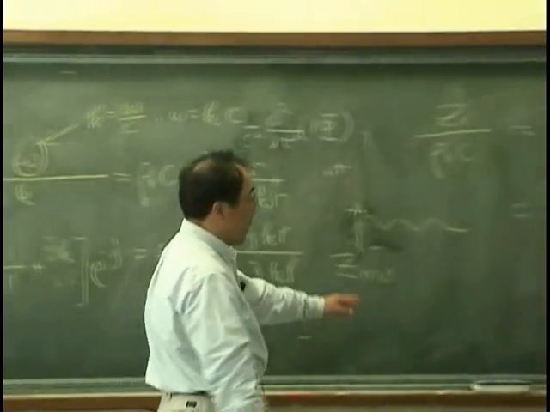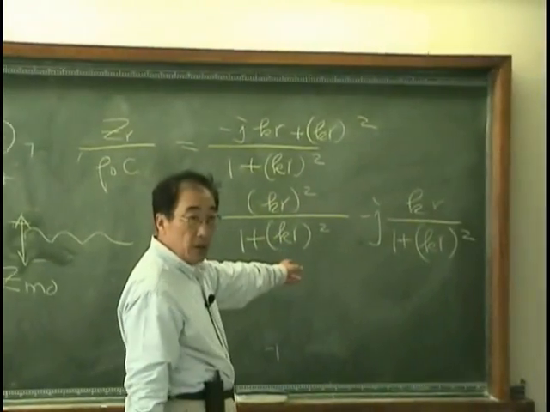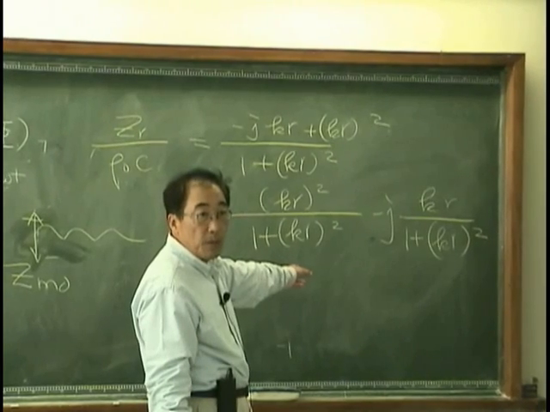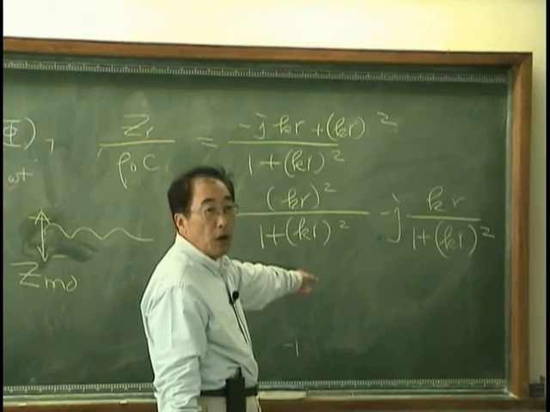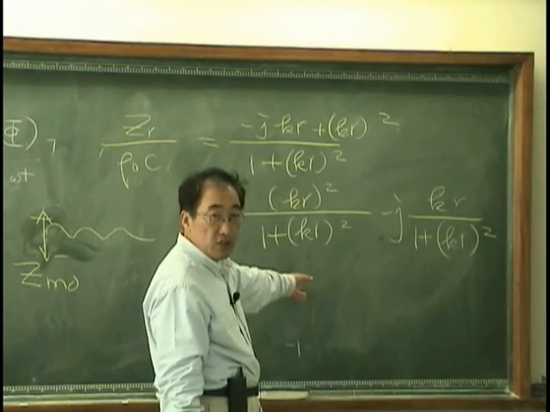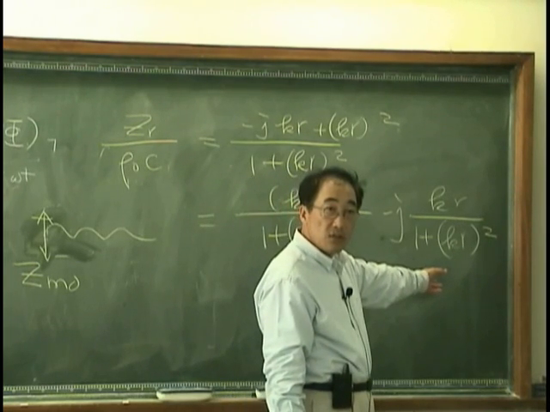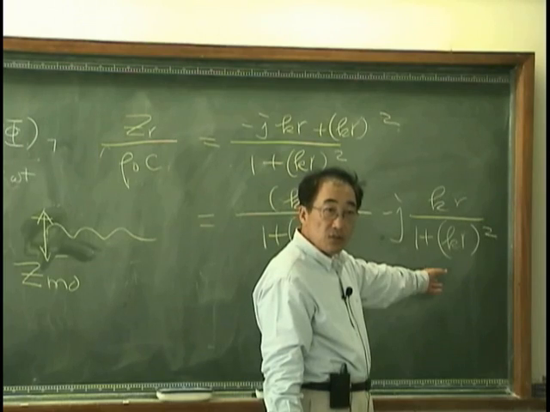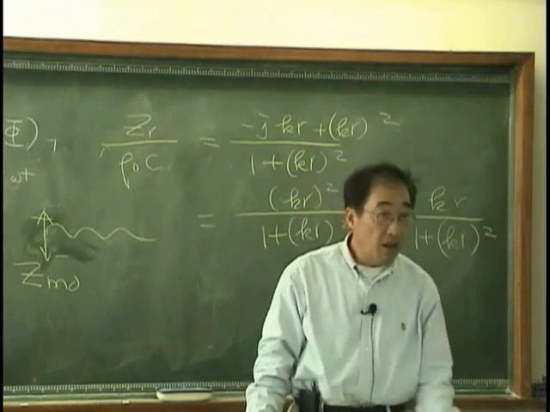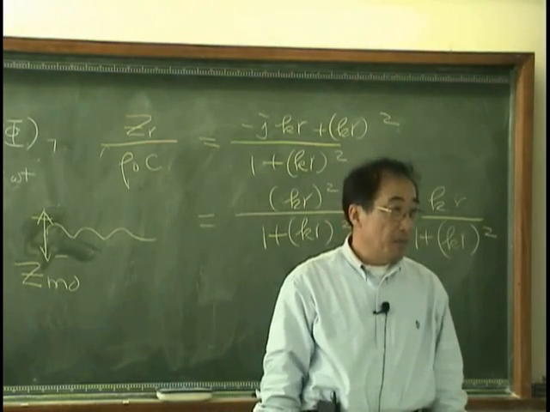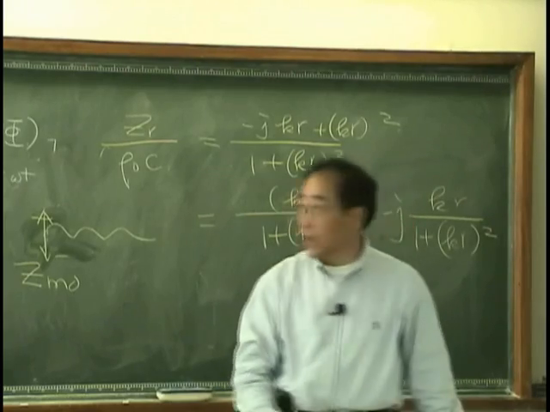Okay. When Kr is very small, like 0.001, then this is 0, and this is 0.2. Yeah. But the rate of decaying is somewhat different.